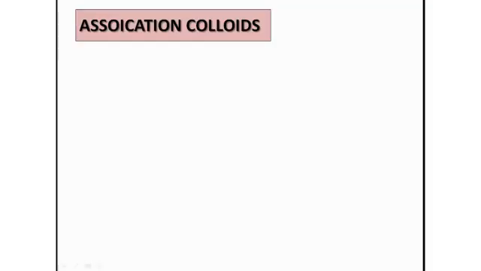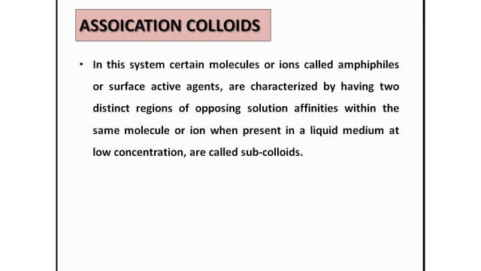So first of all, association colloids. As the term itself reveals, association means association of the dispersed phase to form the colloids, as we have already discussed. In the association colloid system, certain molecules or ions are known as the amphiphiles.